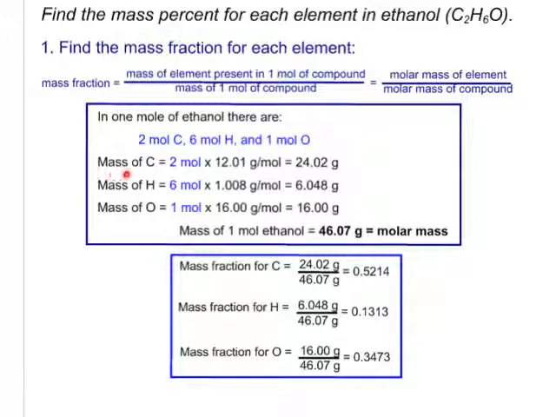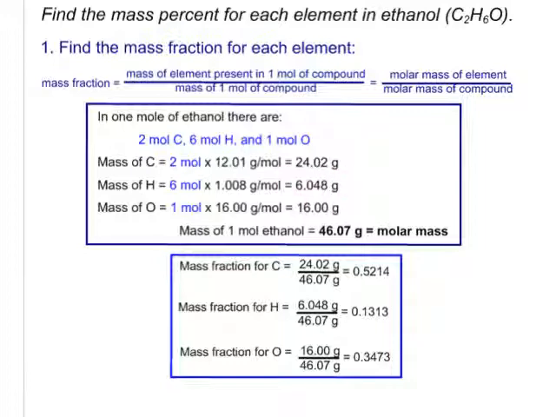So, let's start with carbon. The mass of carbon is going to be equal to 2 moles times its molar mass, 12.01 grams per mole. It's going to give us 24.02 grams of carbon. We have our mass of hydrogen. We can multiply 6 moles times its molar mass, our conversion unit, 1.008 grams per mole.